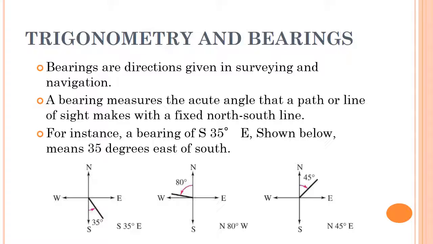So in other words, start like you're going south, but then swing the angle 35 degrees east of that. And then you also see an example here of north 80 degrees west and north 45 degrees east. The first one tells you whether you're going from the north line or the south line, and then the second tells you east or west.